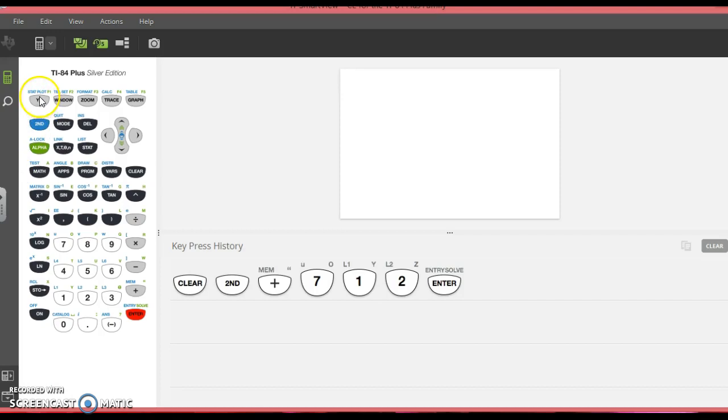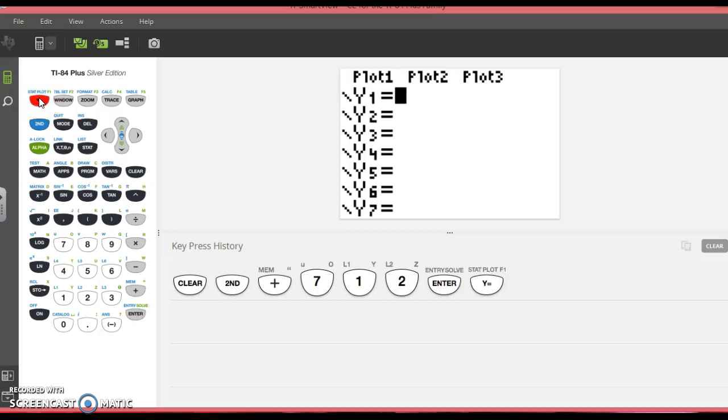Go to your y equals menu, upper right. Y equals x plus 2. Enter. Oh, that's not the one that we just did, is it?